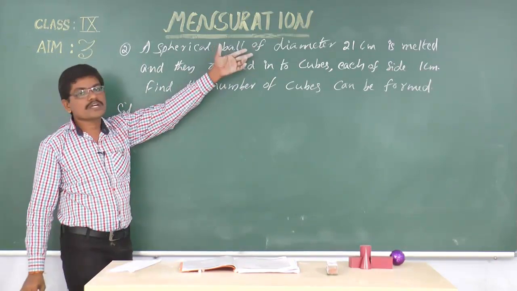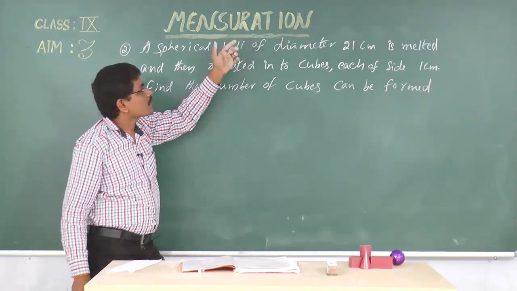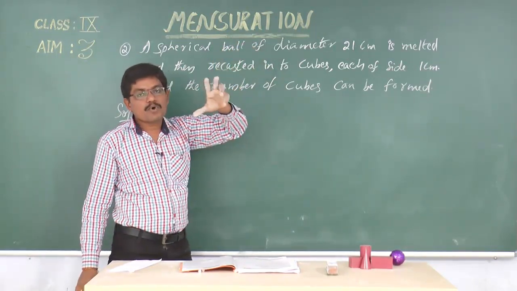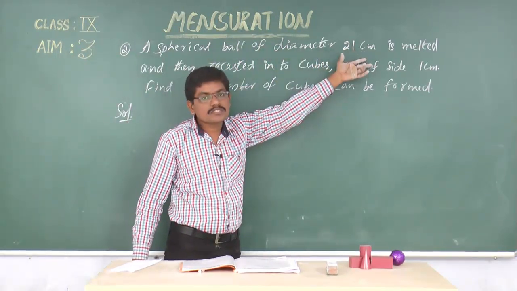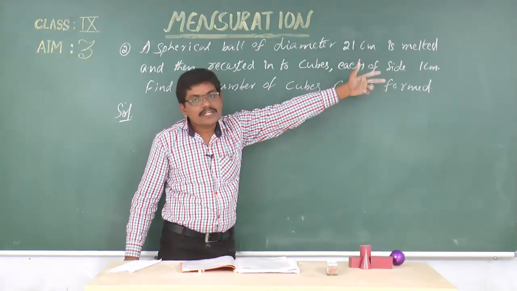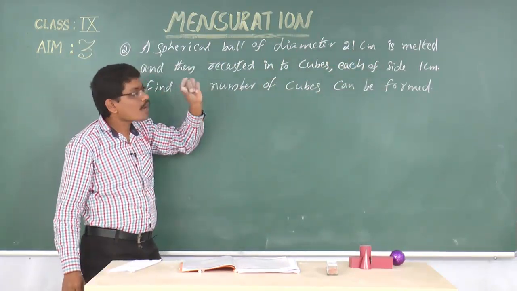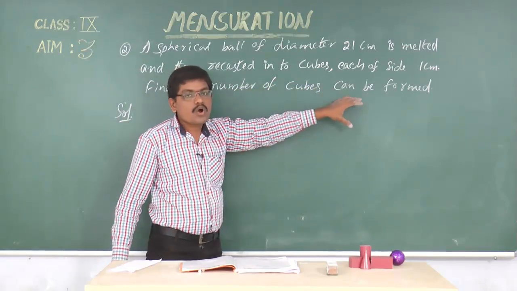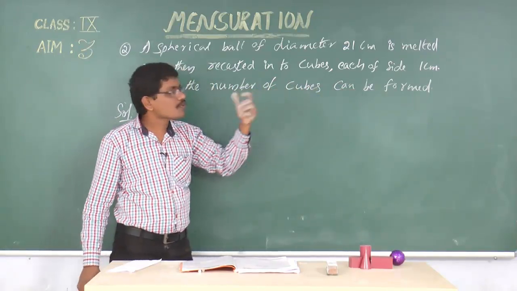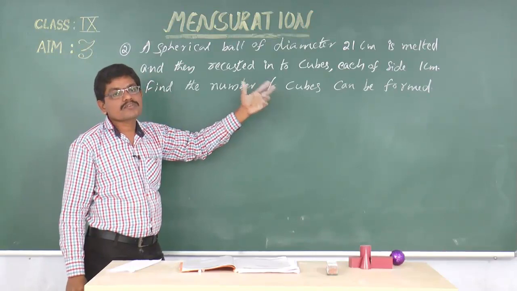Solution. So here, see the given problem: there is one big spherical ball of diameter 21 centimeters that is melted and recast into small cubes. If you do that process, how many cubes will be formed? We have to find that number of cubes.